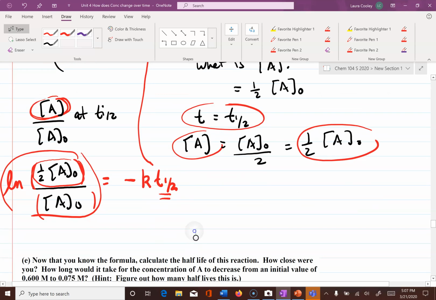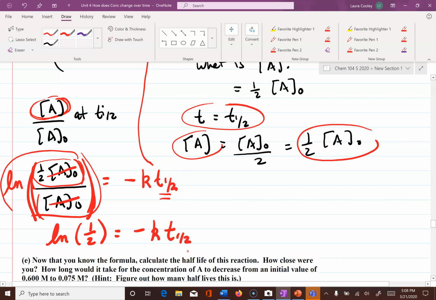So I end up with this equation, the log of this whole thing, but you can see I have A0 in the numerator and the denominator, so I end up with the natural log of 1/2 is minus k times T1/2.